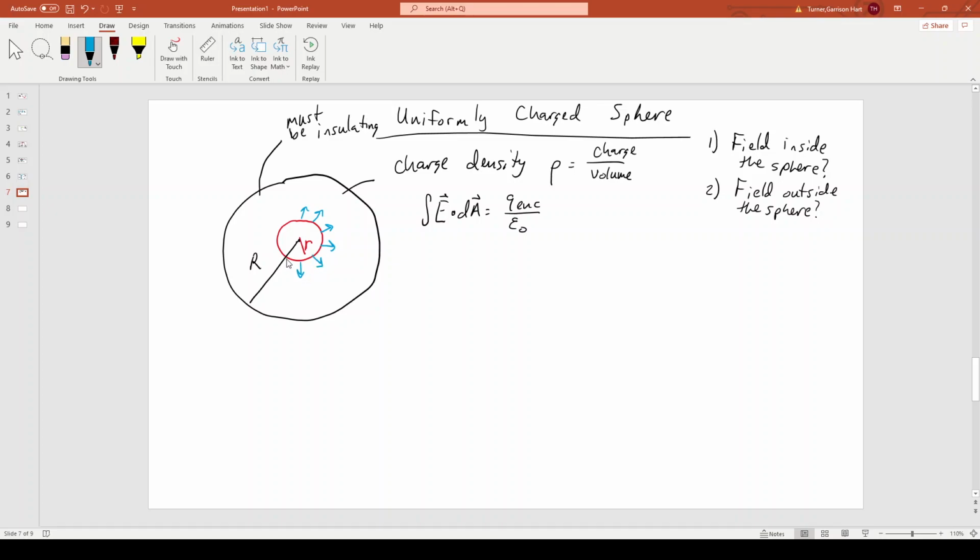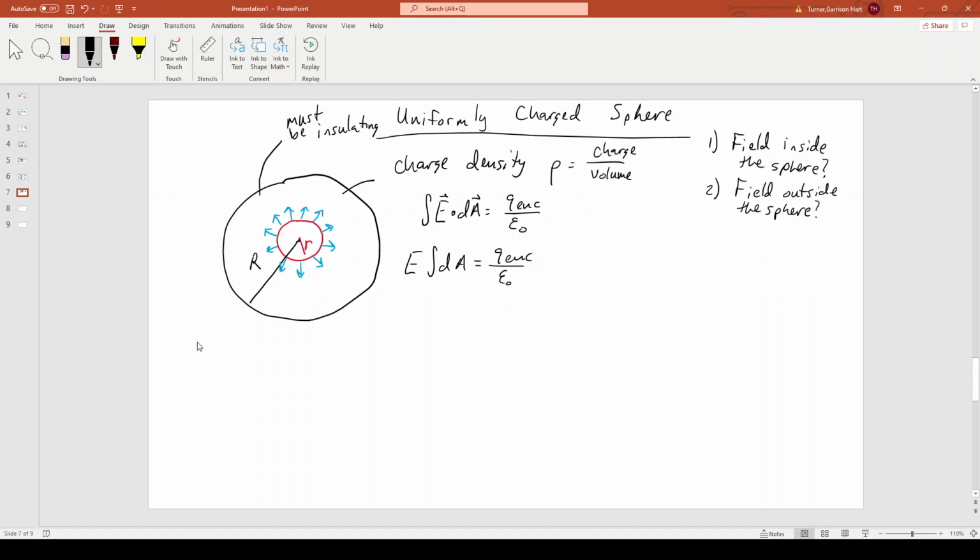And because that field is going to be uniform, the electric field comes out of the integral. And so, E coming out of the integral, E times the integral of dA equals Q enclosed over epsilon naught. Okay, so what is Q enclosed?